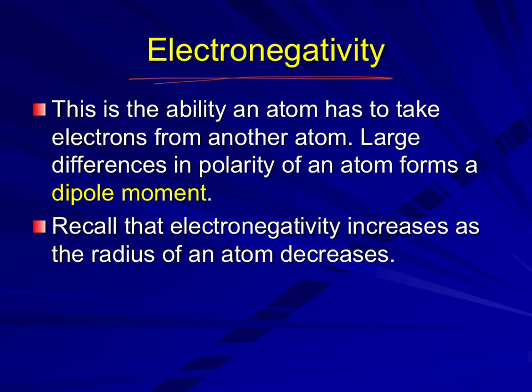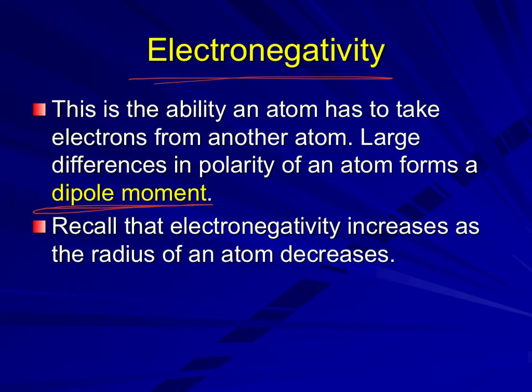When you have extremely large differences in electronegativity, you actually get electrons being stolen, completely taken by one atom from another, and that's an ionic bond. But within covalent bonds, when there's a slight difference in their electronegativity, you get a polar molecule. This forms what we will call a dipole moment, essentially an arrow that tells you which atom the electrons are hanging out around more.